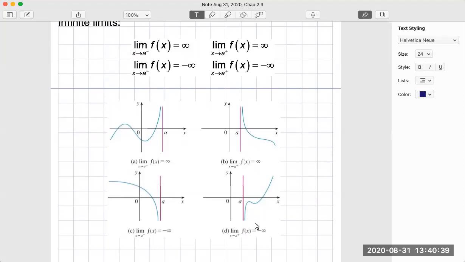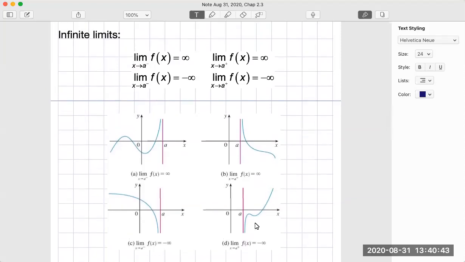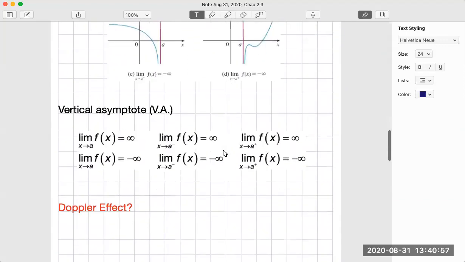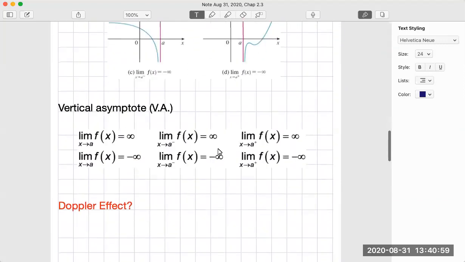When x goes from both left and right sides of a, we call it infinite limits. And this line, when x is equal to a, the purple line here, we call it an asymptote. Those are what we study together. And these are cases of vertical asymptotes.